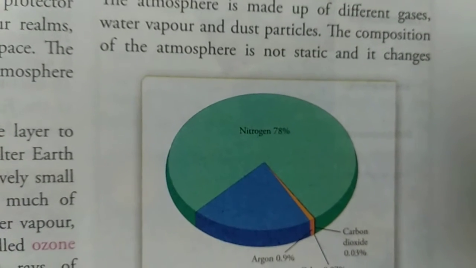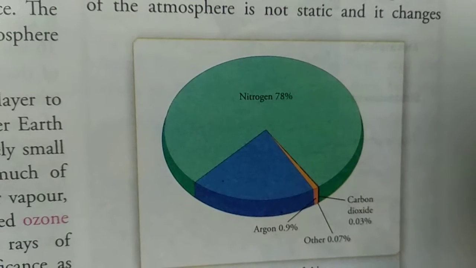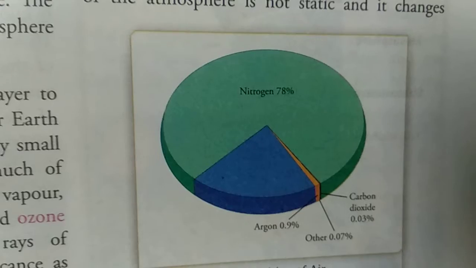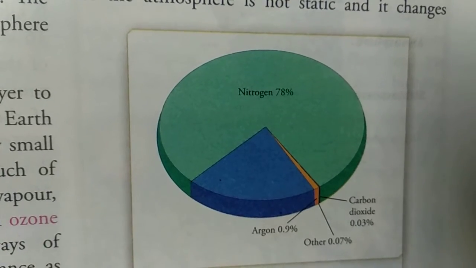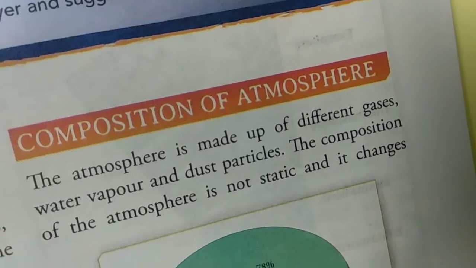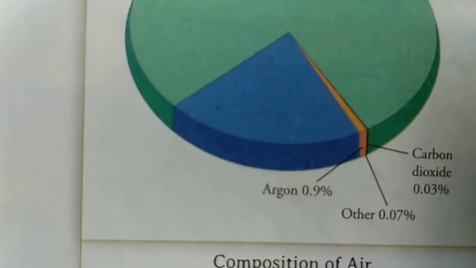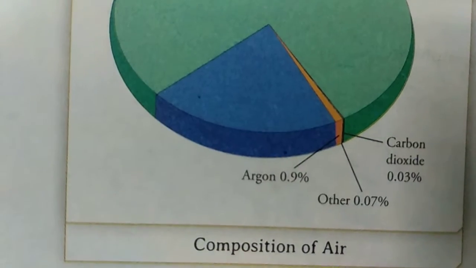In the composition of gases, here you can see nitrogen is most, then oxygen, then come other gases.